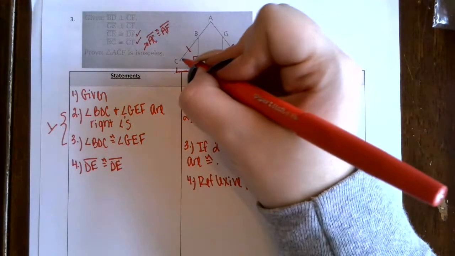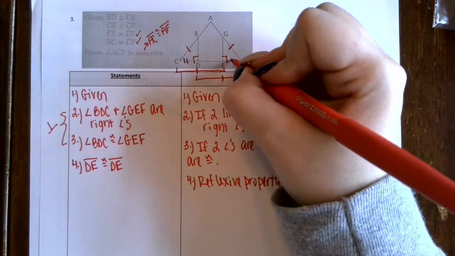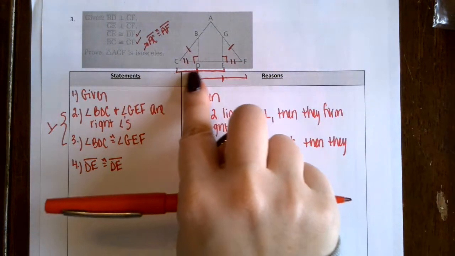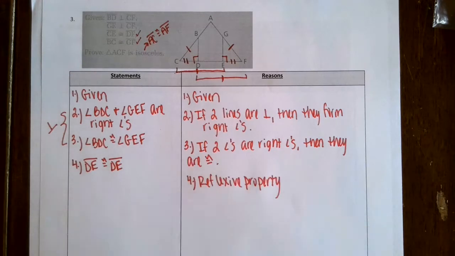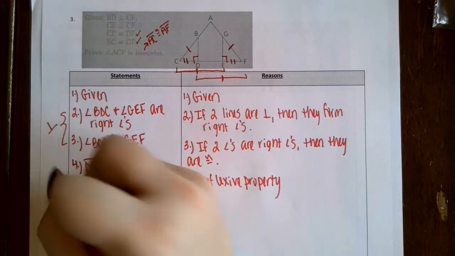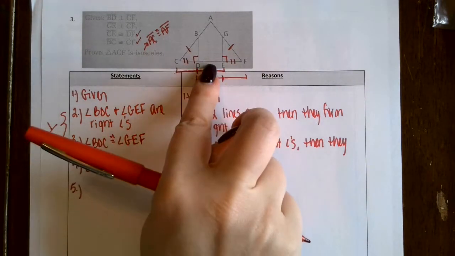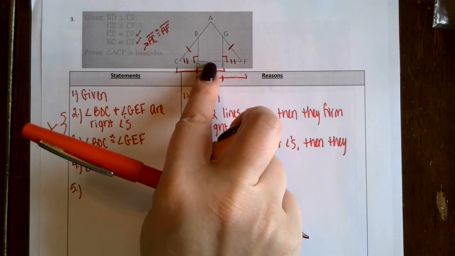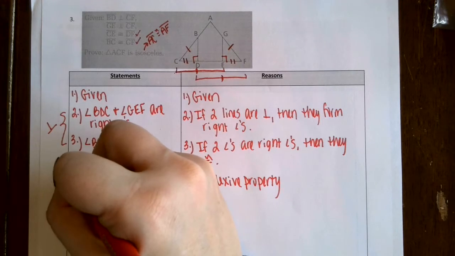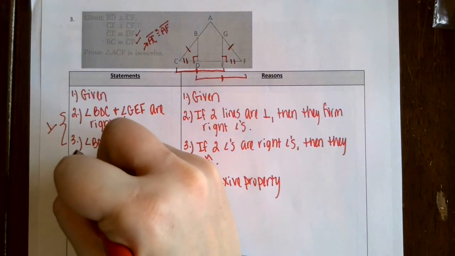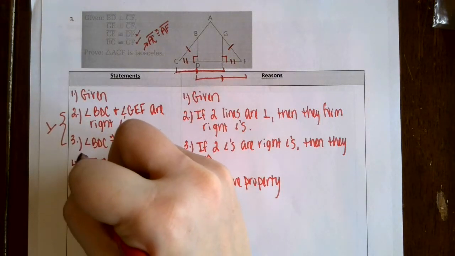Okay, and again, I want this little piece here. So if I have the total and I'm going backwards, that's going to be my subtraction. So again, I am taking this total, subtracting the reflexive part, and that's going to leave me these pieces here. So I'm going to say CD is congruent to FE.